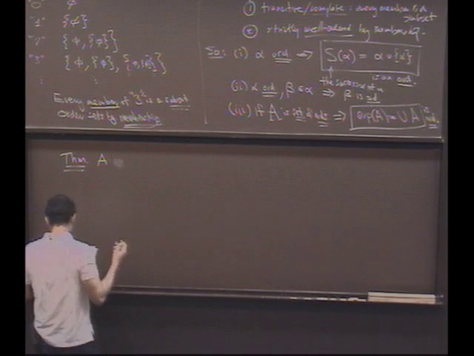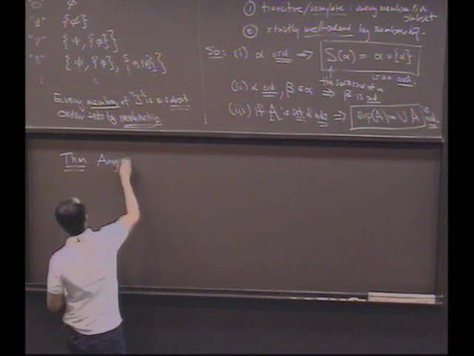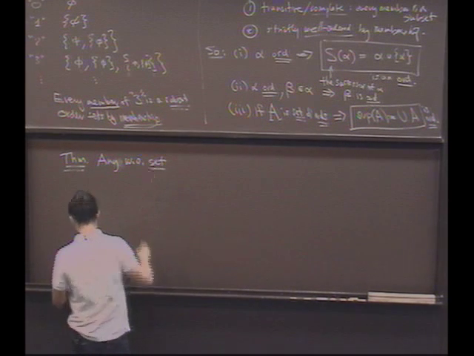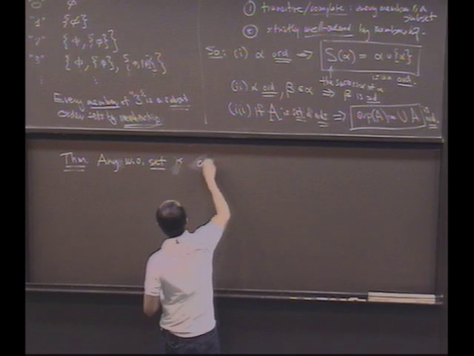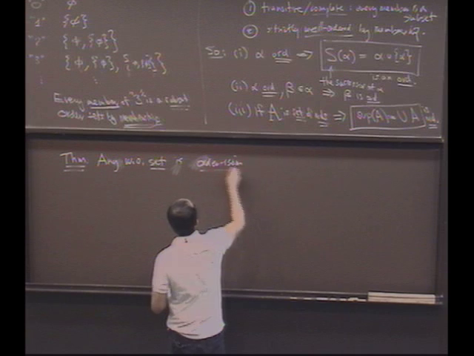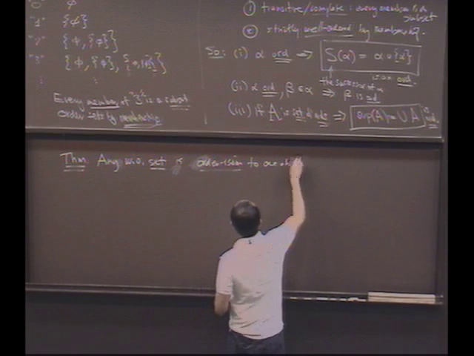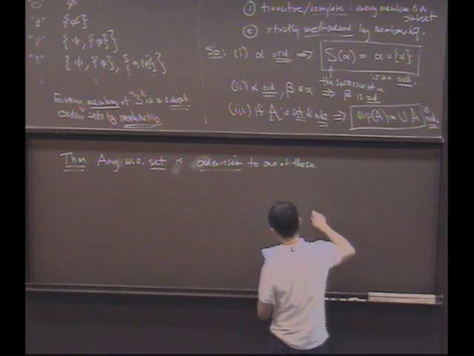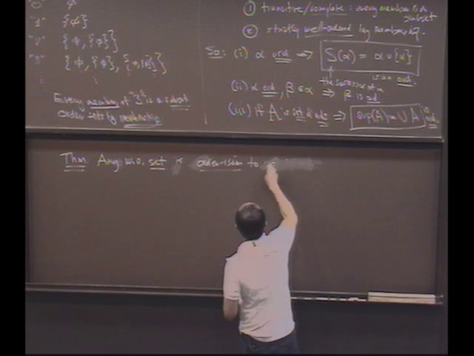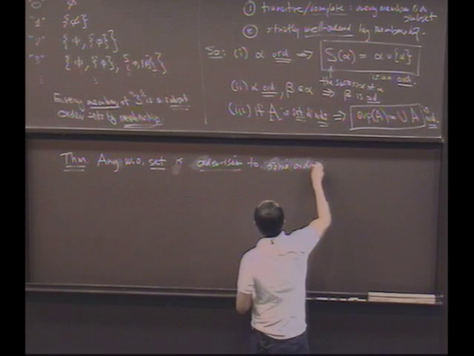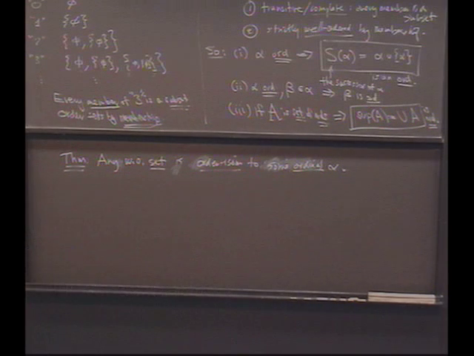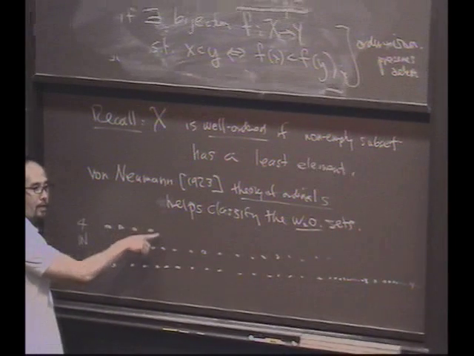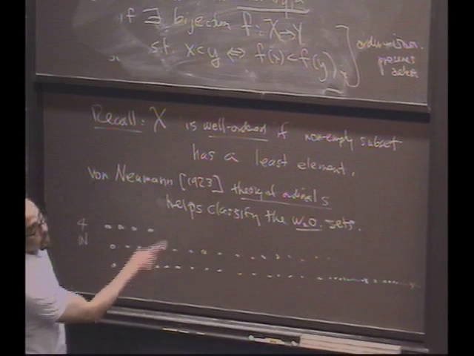So it turns out, you give me any well-ordered set, I claim any well-ordered set is actually order isomorphic to some ordinal alpha. Like, for instance, this thing. It's order isomorphic to the successor of 3.